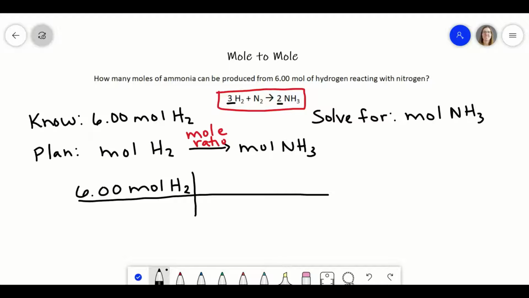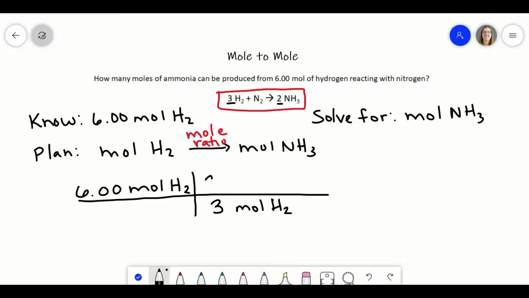So I want to put units of moles of H2 in the bottom or the denominator of my problem so that my units of moles of H2 cancel. So I'm going to put 3 moles of H2 in the bottom. The 3 is coming from the 3 coefficient in front of H2 in the balanced chemical equation. And I'm going to put moles of NH3 in the numerator or on top of my ratio, because that's what I ultimately want to solve for.